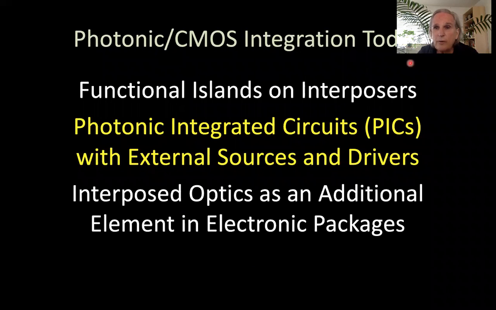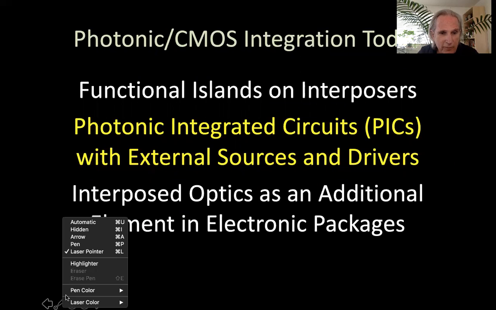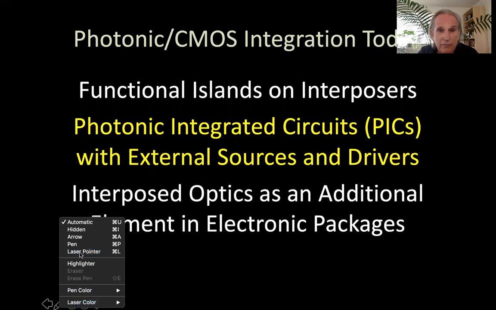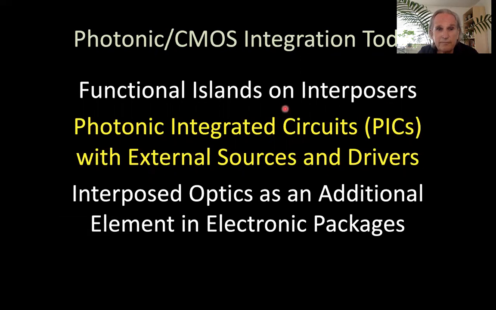So to summarize that, let me move over my picture here a little bit. Photonic CMOS integration today consists of functional islands on interposers. Photonic integrated circuits have external sources and drivers.